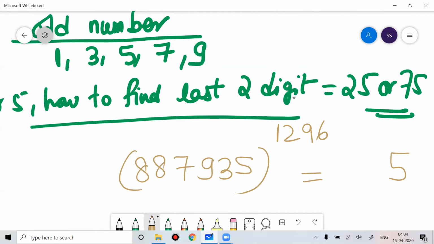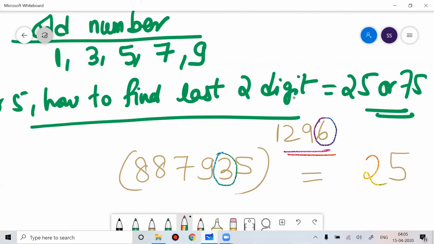To find the tens place digit, see the digit before 5. That digit is 3, an odd number. And see the last digit of the power, which is 6, an even number. If your power is even, then definitely you'll get the answer 25 only.